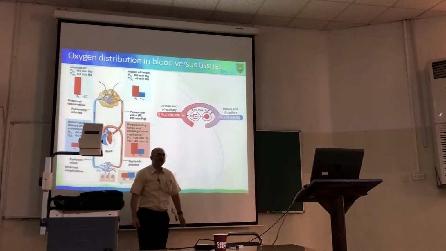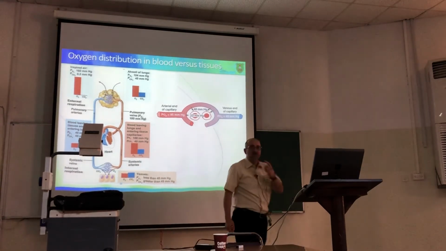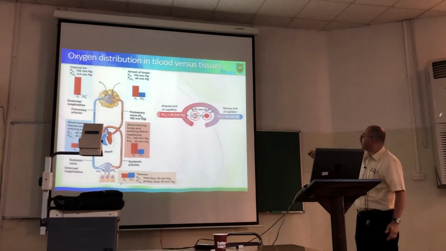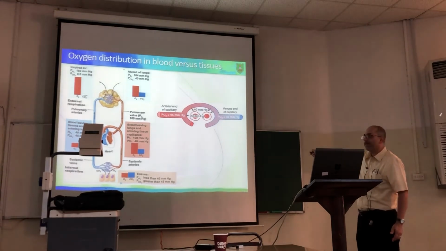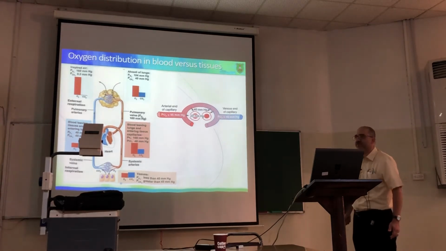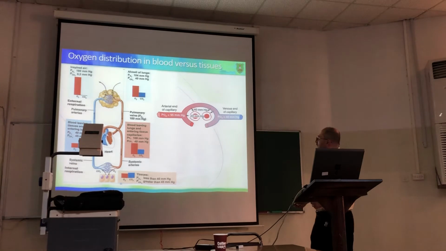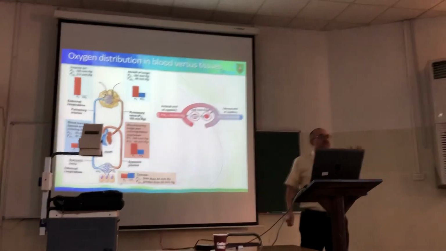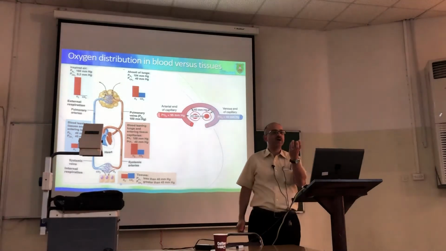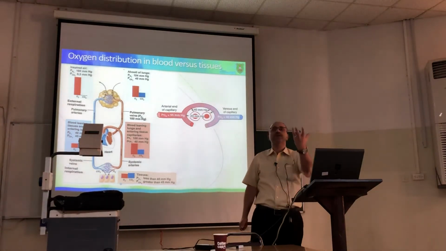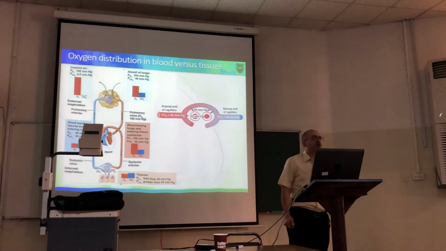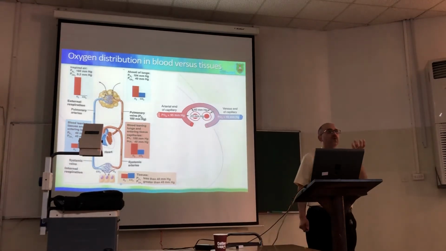So we start with about 100 coming out of the lungs, and when it goes to tissues, the pressure of oxygen is about 40 and oxygen is released. What oxygen binding does to hemoglobin is give it this red color. When hemoglobin does not have oxygen, it has this blue color to it.